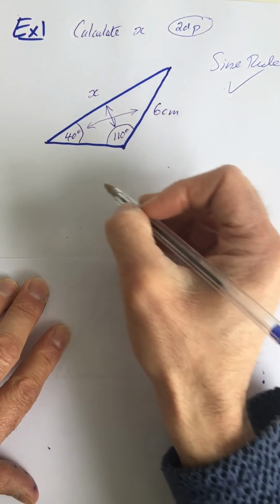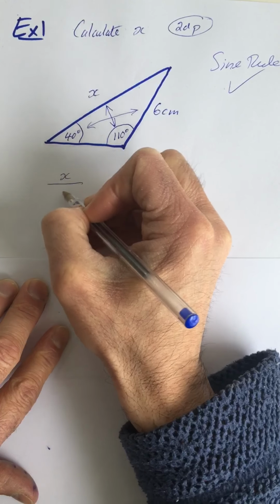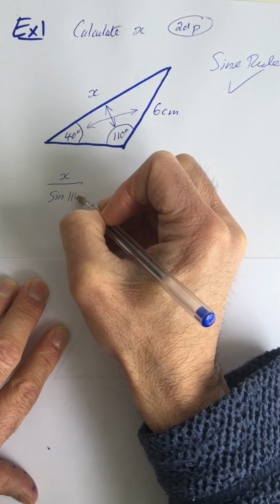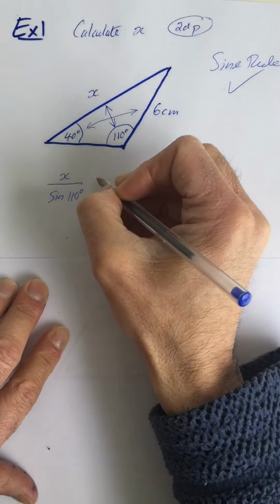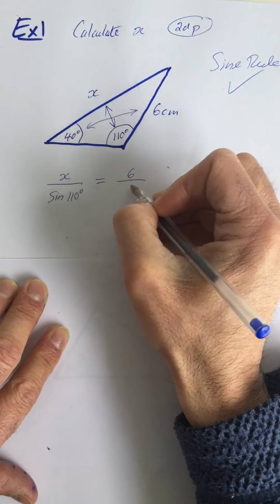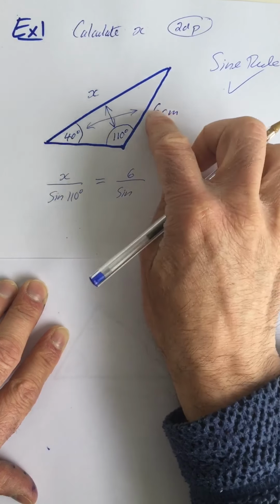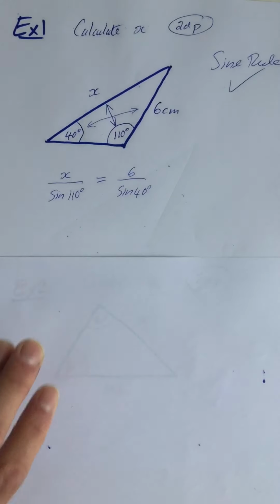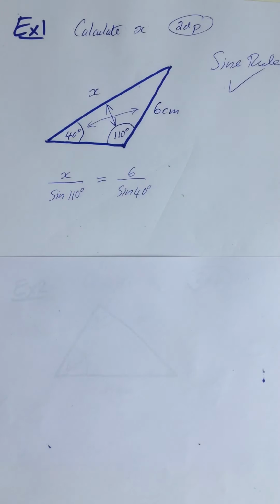What I'm going to do is very, very easy. We start with a side and we say x divided by the sine of its angle, which is 110, is going to be equal to the other side, 6, divided by the sine of its angle, 40 degrees. And that's how you use the sine rule to set up an equation.